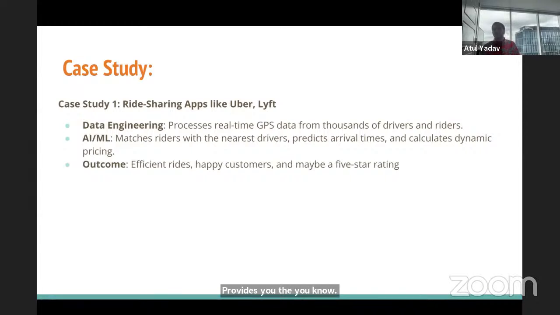Okay, so tell me one thing here: which kind of model would be used to predict the arrival times based on the factors which I mentioned, like travel location, traffic conditions, and the historical travel times? Which kind of model can be used?